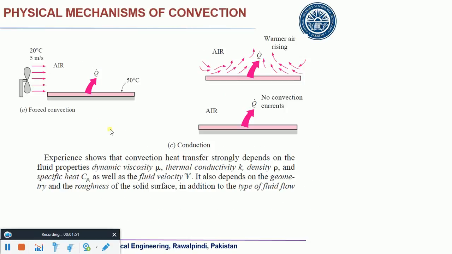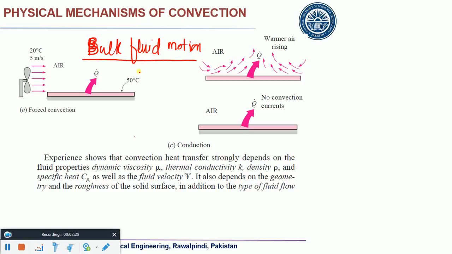So let's talk about this convection thing. In the introduction, if you remember, we said there are 3 mechanisms: conduction, convection and radiation, and there are 2 which require a medium for heat transfer: conduction and convection. Radiation does not need any kind of medium. As far as convection is concerned, you remember that you have to have bulk fluid motion.